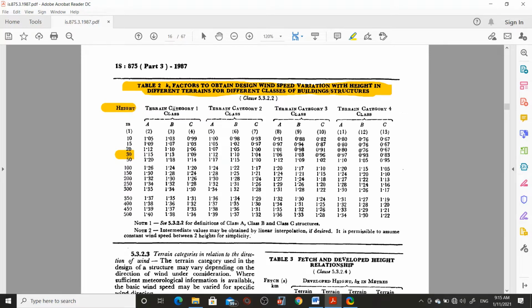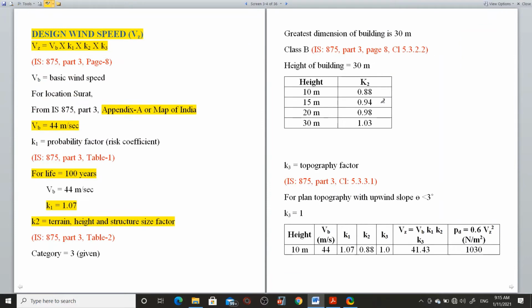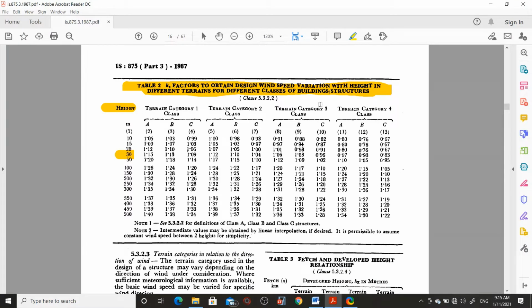And then the terrain category and class. Let's check the given terrain category. Category 3 is given, so let's check terrain category 3 here.